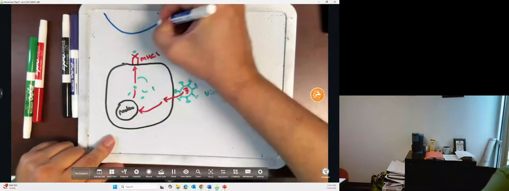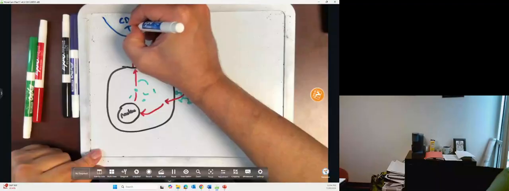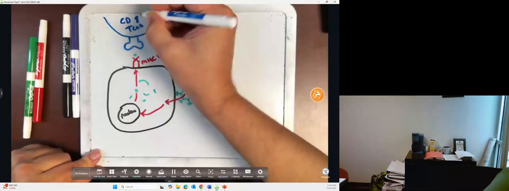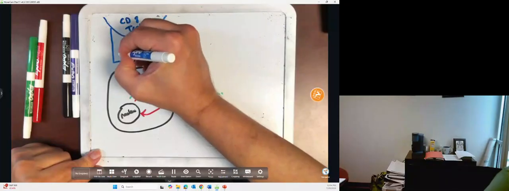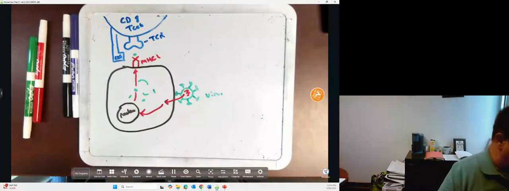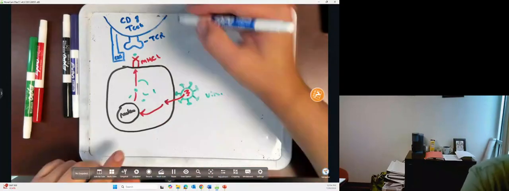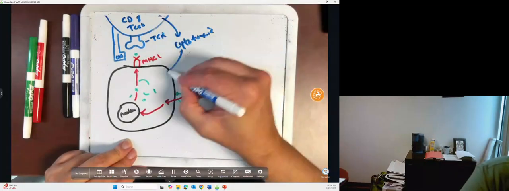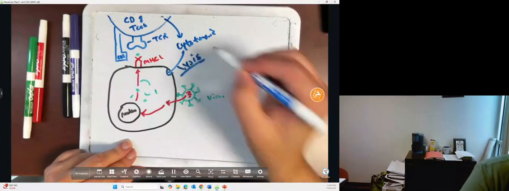Then what we have over here is a CD8 T cell. This CD8 T cell has a T cell receptor, a TCR, okay, and that CD8 marker is on it, and it will bind, and what will happen is it will be activated and become cytotoxic. And what that will do is lyse the cell.